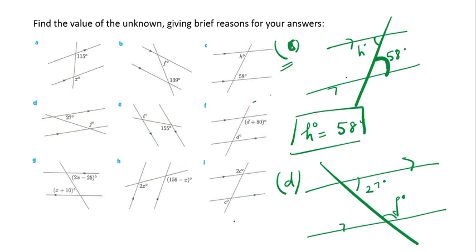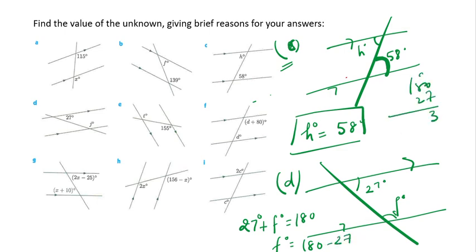They are present on the same side of the transversal line, and we know same side angles forming the supplementary angle which is 180 degrees. So f degree will be 180 minus 27. So 180 minus 27 will be 73. It will be 73.